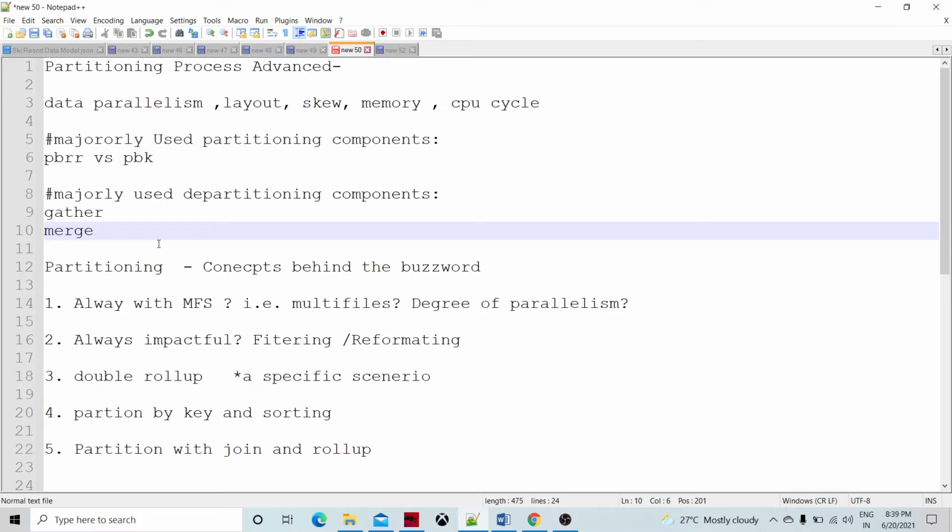So when we talk about data parallelism, the layout concept comes in. What is the layout? When we specify a layout in a particular component, depending upon the depth of the layout, the component will create that many processes.